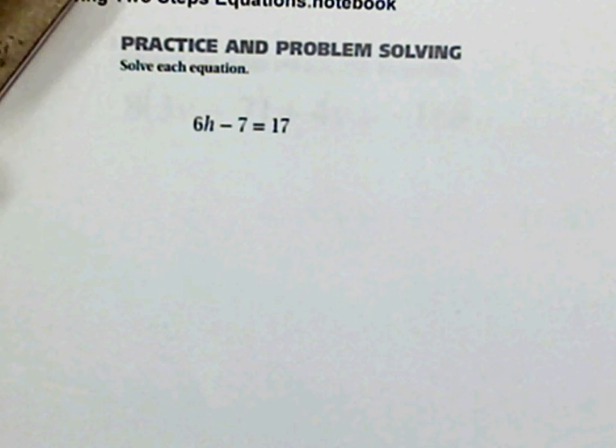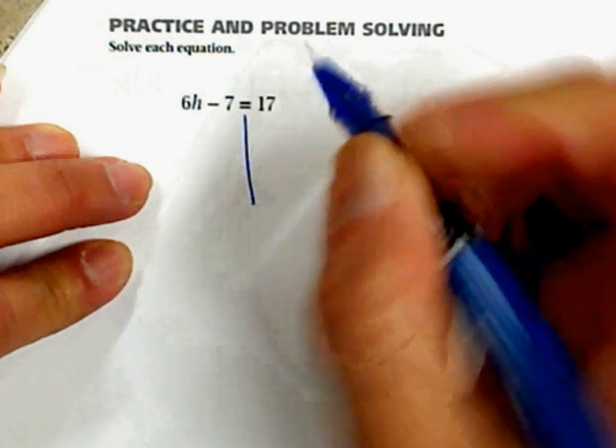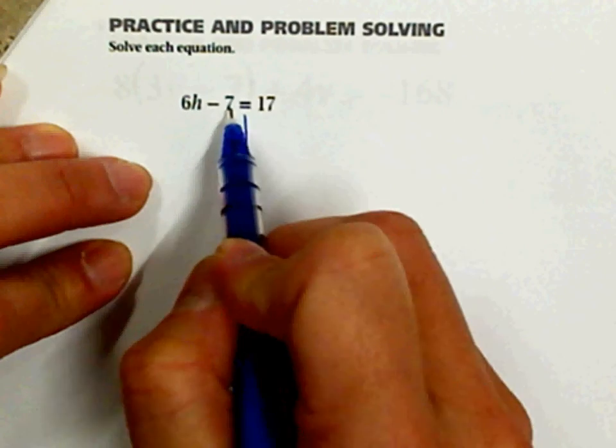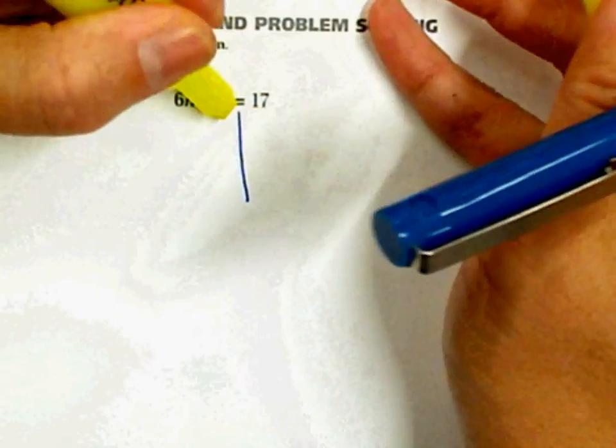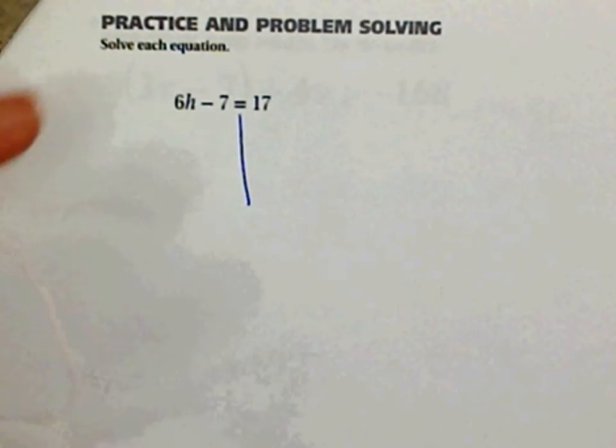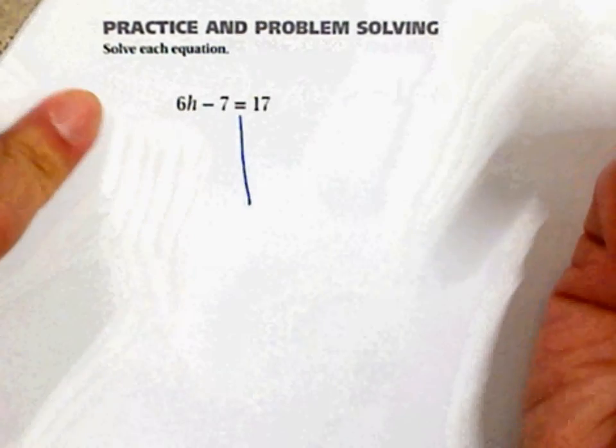No. So, yeah. All right, let's look at this one. 6 times h minus 7 equals 17. Okay? I read it good, but I'm not sure. Oh, you did it? Go ahead, tell me what you did. So it started with the 7, and I bring down +7.